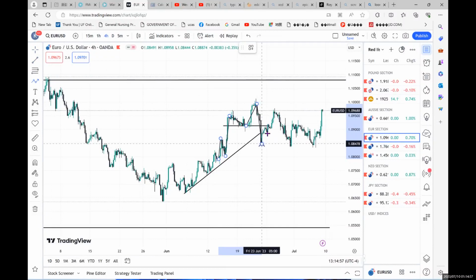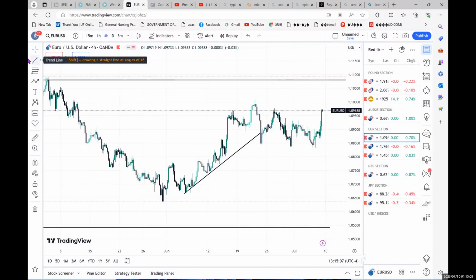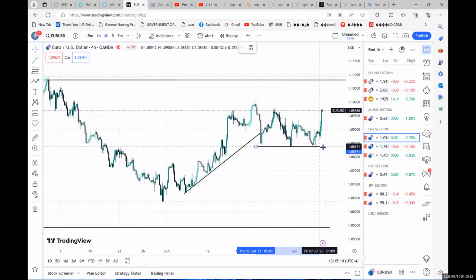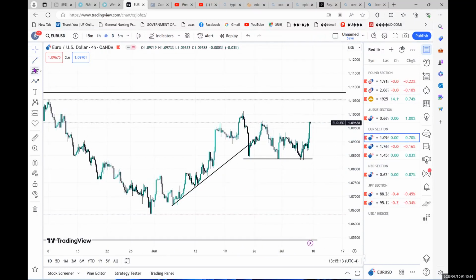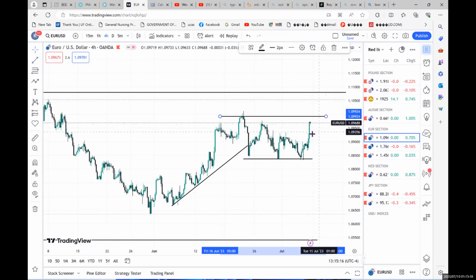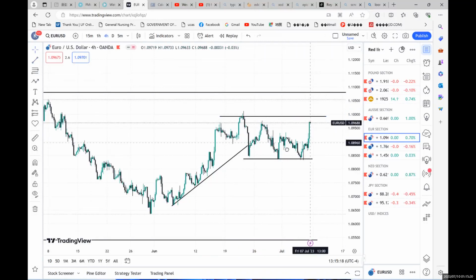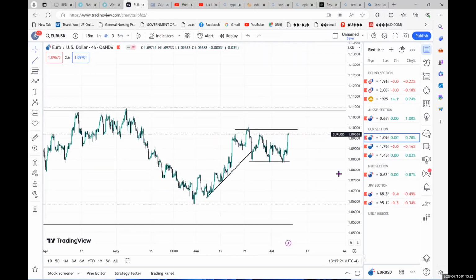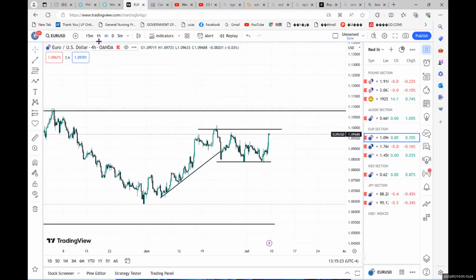Price broke out, gave us a low high and started dropping down here, and we got a double bottom here. So we can mark out this level as our support here and our high here, this resistance here. You can see price is almost up into this area. Okay, price is almost up into this area here.